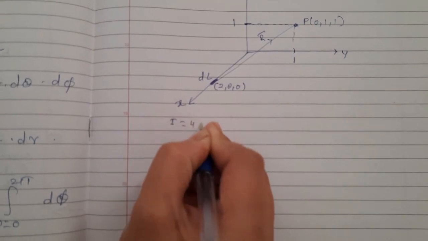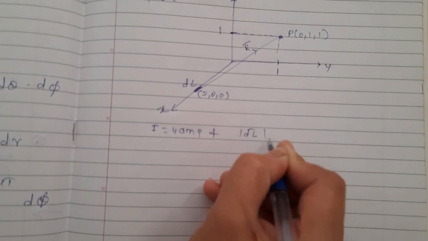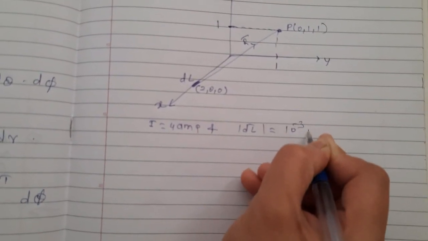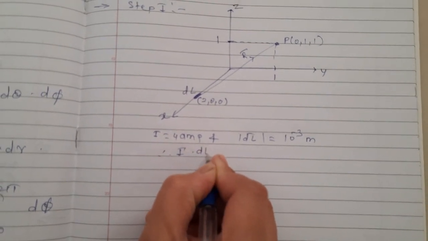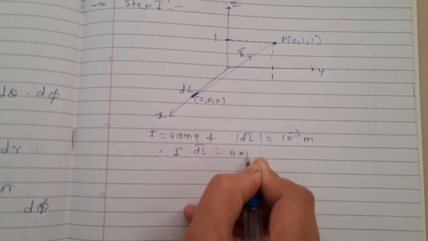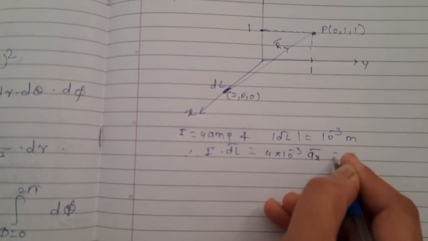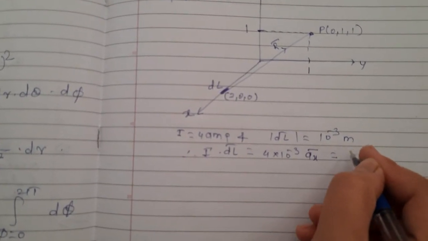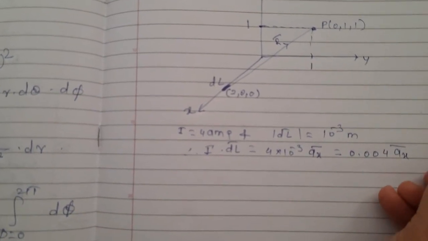I is equal to 4 ampere is given, and dL is given as 10 raised to minus 3 meter. So I dL bar is equal to 4 into 10 raised to minus 3 AX bar, that is 0.004 AX bar. It is equation 1.